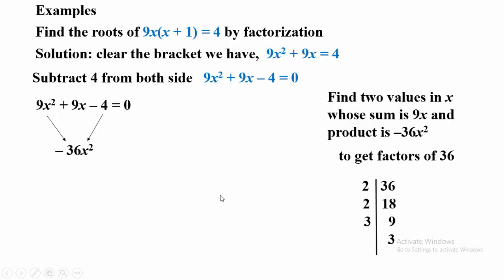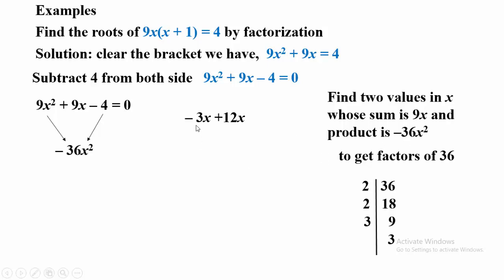Means that our two factors are 3x and 12x. Since we are having negative value, it means one of our factor is negative. And for us to get 9x, we need to subtract 3 from 12. So it means 3 is a negative value, which gives minus 3x plus 12x. When you multiply minus 3x and 12x, we get minus 36.